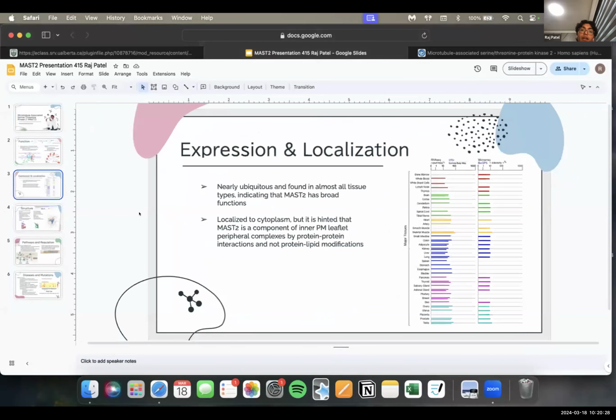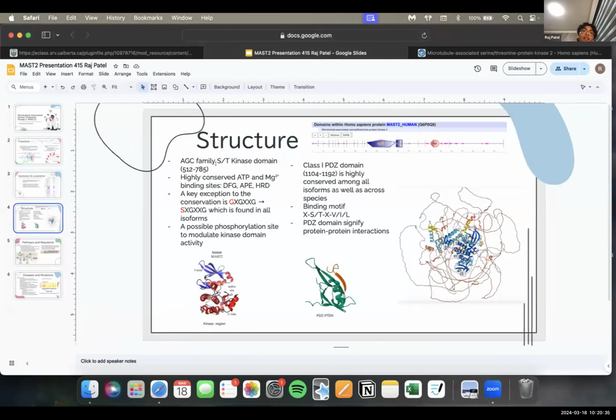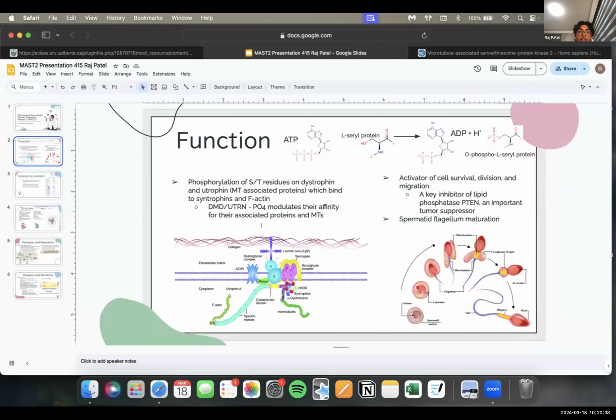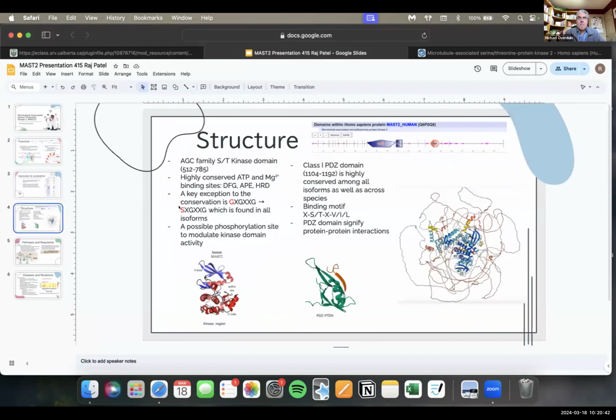That's great. Okay, great. So this was just the expression, and I just mentioned that it's pretty ubiquitous. Moving on to the structure, so there's 2 main domains. There's the serine-threonine kinase domain, and there's the PDZ domain over here. The serine-threonine kinase is part of the AGC family kinases, and it's at these amino acid positions.